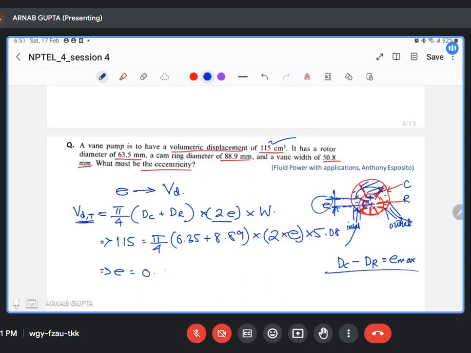So I'm getting 0.945. Okay, I'm getting this particular value. So this is again in centimeters. If you convert to mm, it will be 9.45 mm.